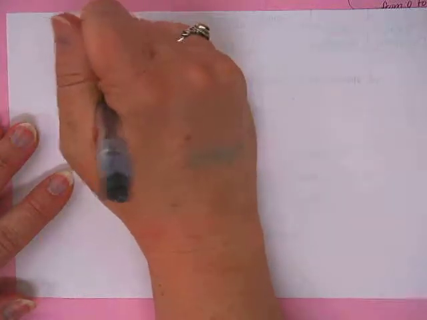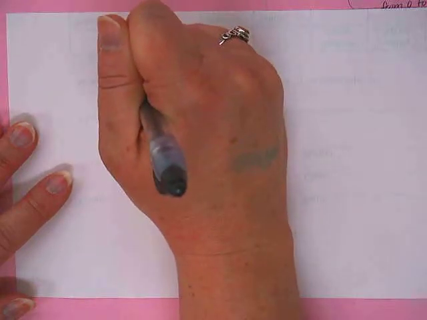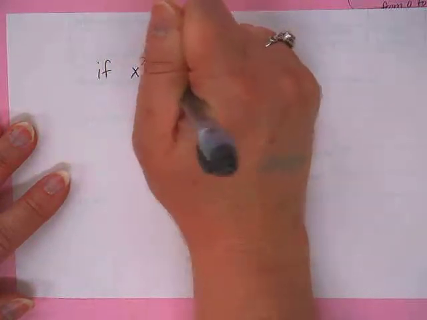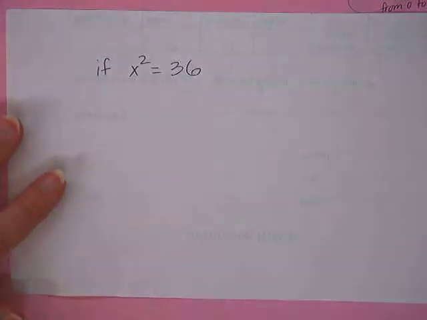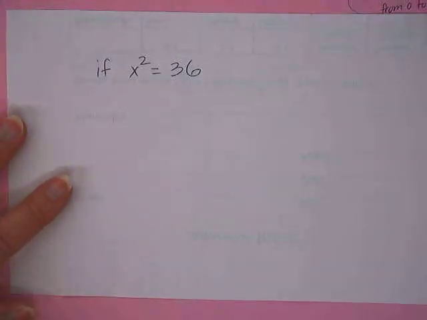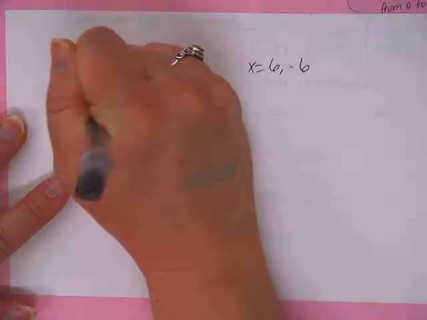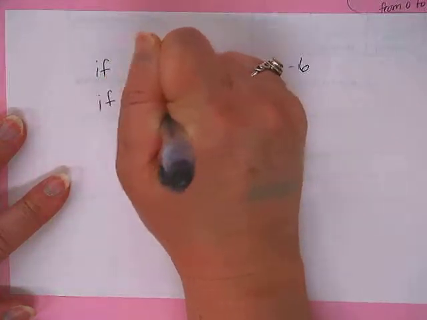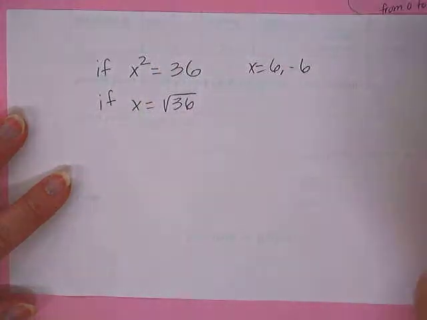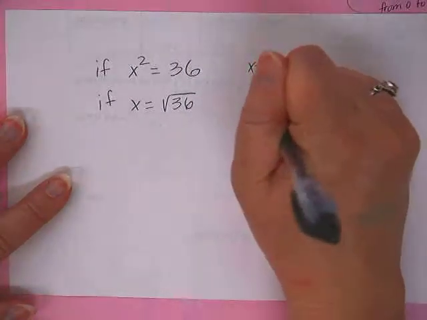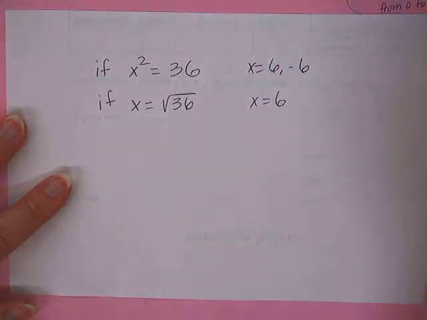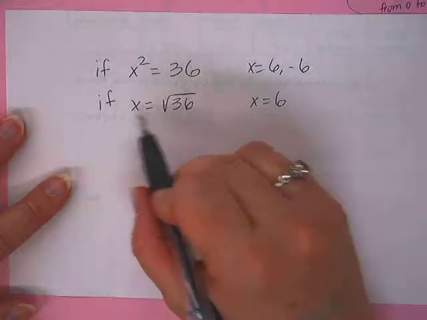Okay. Let's go back to something we've talked about before. If we solve x squared equals 36, what are the answers? Okay, but if x equals the square root of 36, what's the answer?